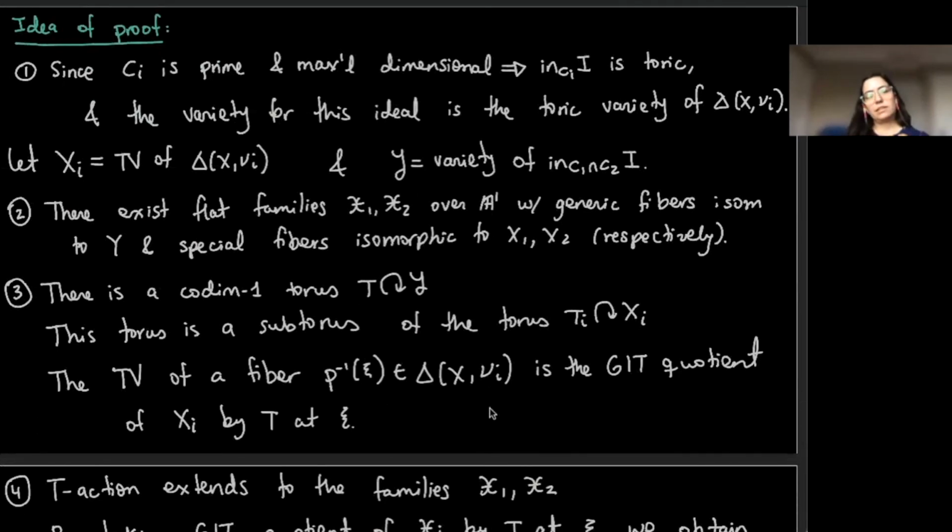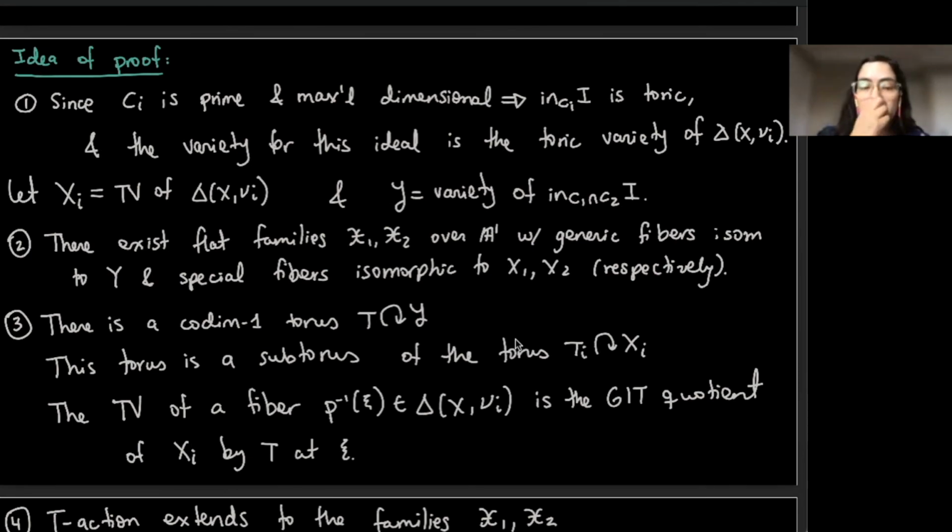Since the two cones that we're looking at are prime and maximal dimensional, then as I told you before, this initial ideal is toric. And the variety for this ideal is the toric variety of this Newton-Okounkov body. Why is this true?